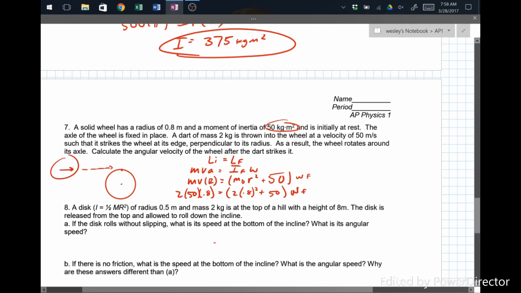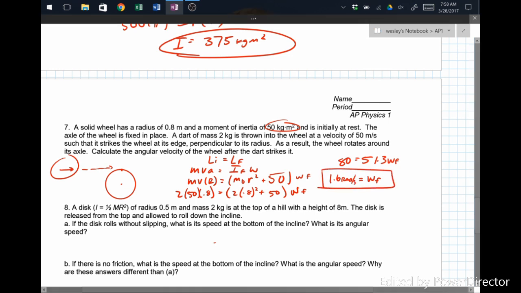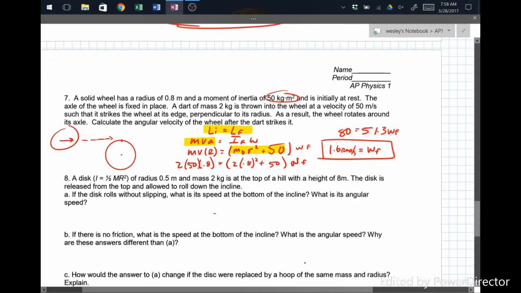So when you calculate those things out, you get 80 equals 51.3 omega final, and omega final comes out to be 1.6 radians per second. Again, the big idea here is that we're taking initial angular momentum, setting it equal to final angular momentum. Since it's an object moving in a straight line, the initial angular momentum is mvr, and since they hit and stick together, you have to add their moments of inertia together afterwards.